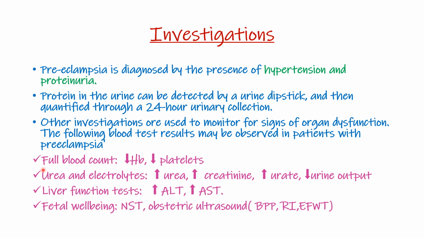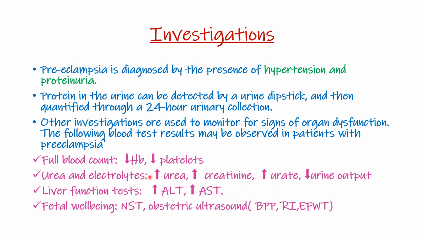The first one is full blood count, where your HB will be decreased and platelets will also be decreased. Urea and electrolytes, where you have increased urea, increased creatinine, increased urate. And the reason behind this is because you already have a decreased glomerular filtration rate, meaning you are able to filter less blood to remove such things.